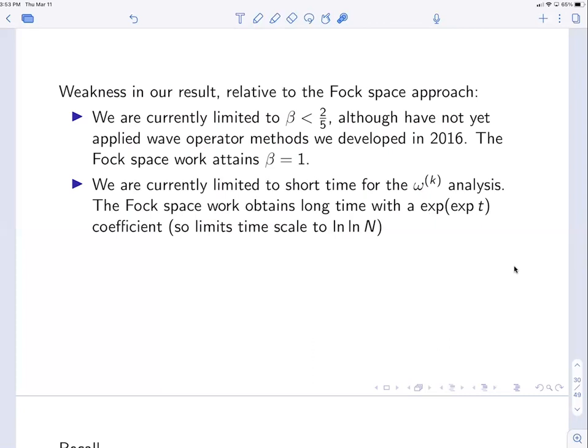And so that means it gives you something with content all the way up to time log N. So at least mathematically, that is a growing time interval in the limit as N tends to infinity. But of course, if N is 1,000 or 2, then log N is 1. It's not really a long time because it grows so slowly. But at least they achieved what we could call a long time result. Truly, we would like to tap into scattering, which we can do for nonlinear problems, but not so easily in hierarchy analysis, and get something that's genuinely more global in time.